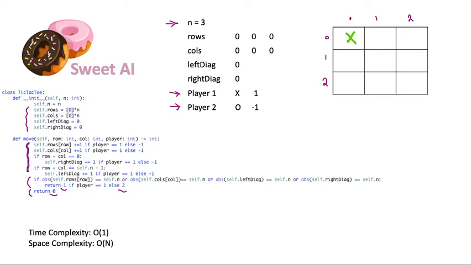Instead of x, as I explained, we are going to put 1 for player 1 and -1 for player 2. So player 1 puts a 1 here. What will happen here? We are going to update the rows and columns. Because the 1 has been placed in row 0, we are going to update the entry at index 0 in the row list to 1, right?